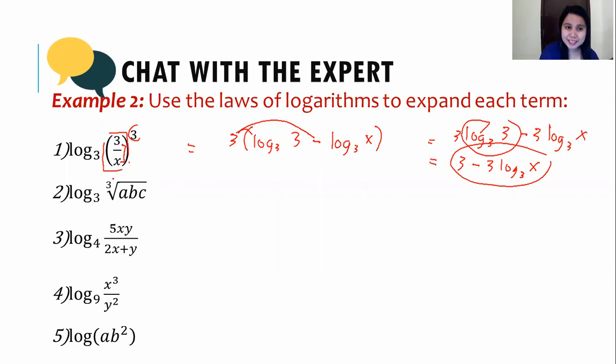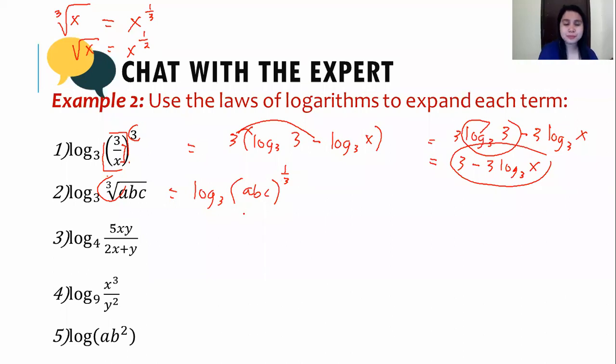Now, if you have radical signs like cube root or square root, remember that a cube root is the same as a fraction exponent, 1/3. If you have a square root, it's the same as x to the power of 1/2. So this can be written as log base 3 of ABC to the power of 1/3.